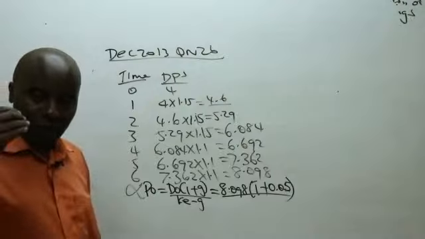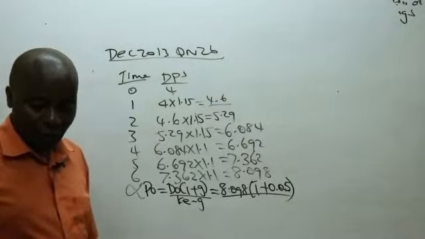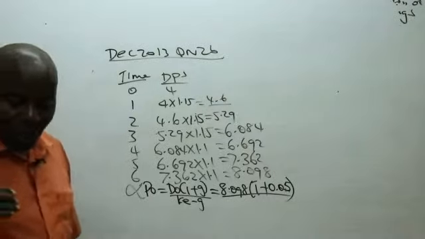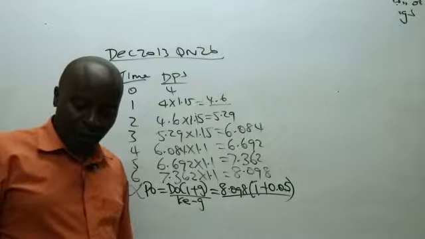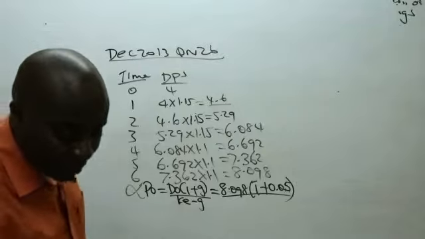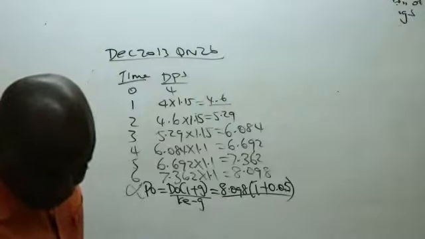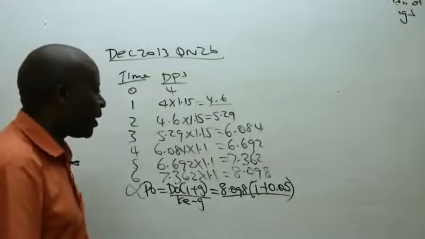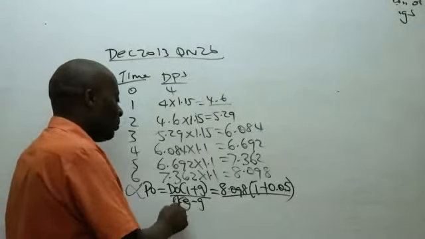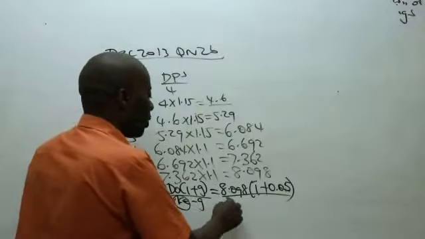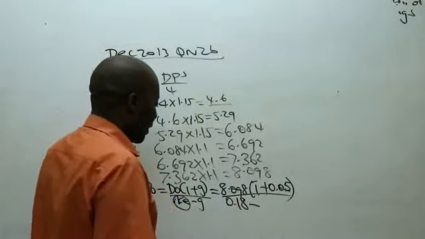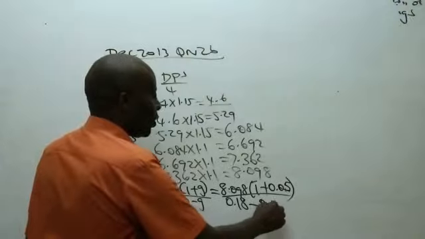But here they expressly gave us the cost of equity. They told us the required rate of return for the ordinary share is 18%. So this is what I'll be using as my cost of equity: 0.18 minus the growth rate, which again is 0.05.